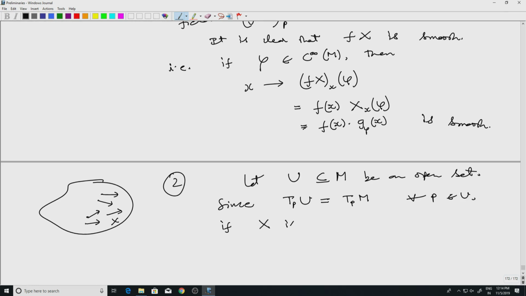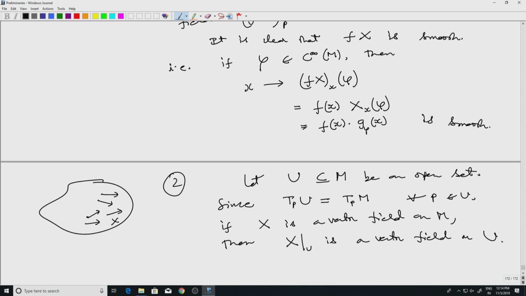If X is a vector field on M, then X restricted to U is a vector field on the manifold U. We know that every open set in a manifold is itself a manifold.